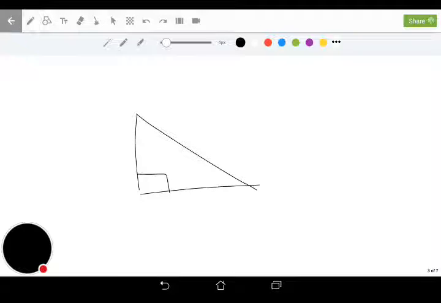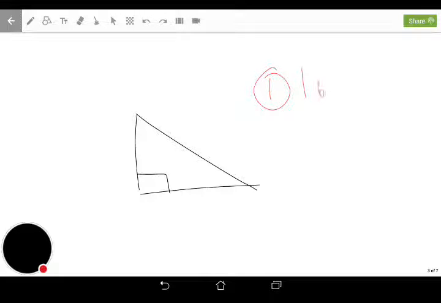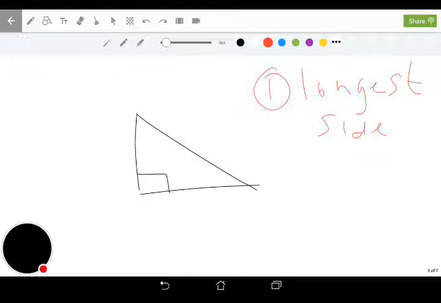Now, the hypotenuse is the longest side of a triangle, but because the pictures in exams are usually not drawn to scale, sometimes it's not that obvious, so we need to identify it by another method: it's always opposite the right angle.